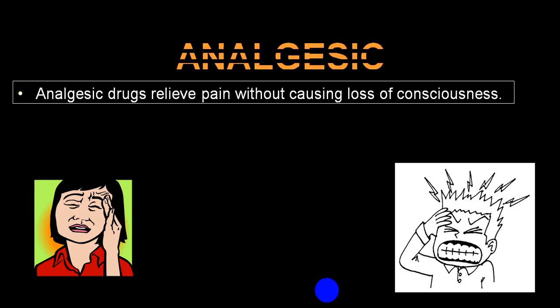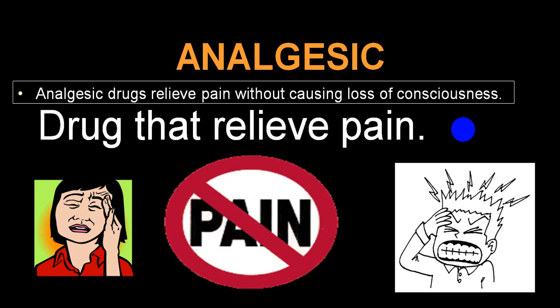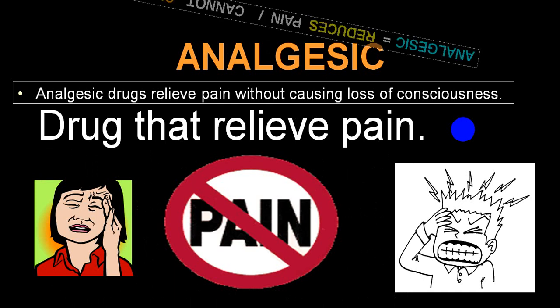Very important: analgesics are the drugs which relieve pain without causing loss of consciousness. Say you give a local anesthesia, that is not an analgesic. The person loses consciousness, he is not aware of the pain. That is not an analgesic, so do remember that. Drugs that relieve pain are called analgesics.